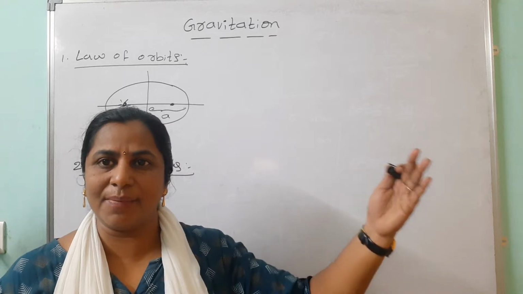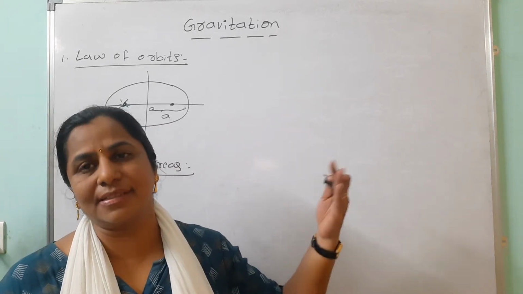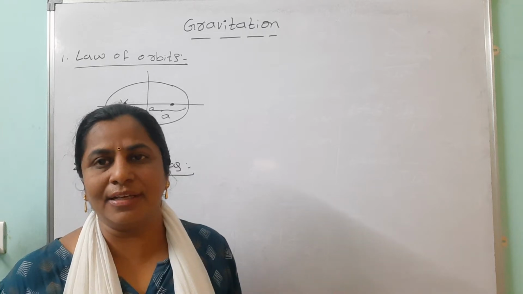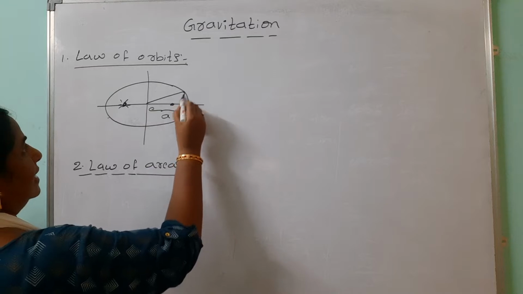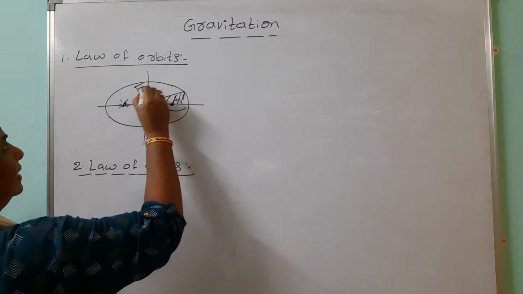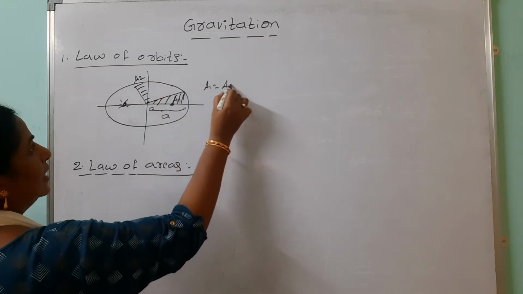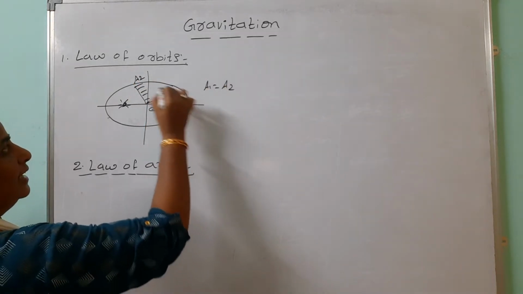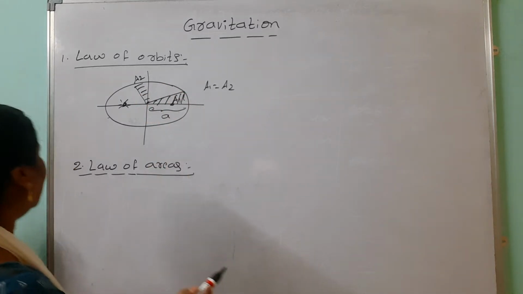Then for the same area at the next position, wherever it is, the same time will be taken. This is called the law of areas. Suppose this area is A1 and this area is A2. If A1 equals A2, then covering this distance here and here will take the same time. That is called the law of areas.